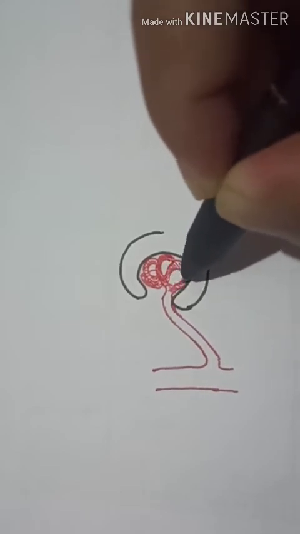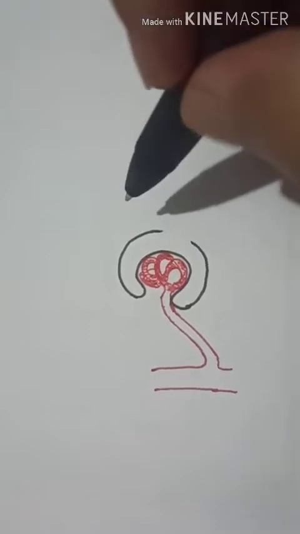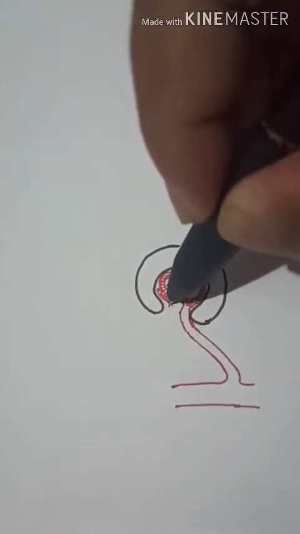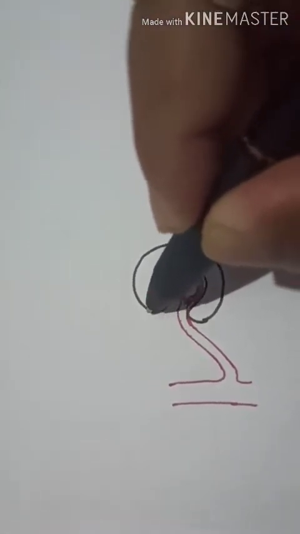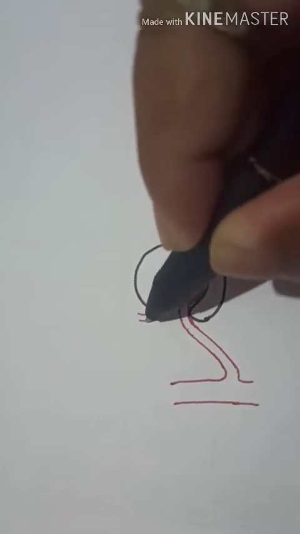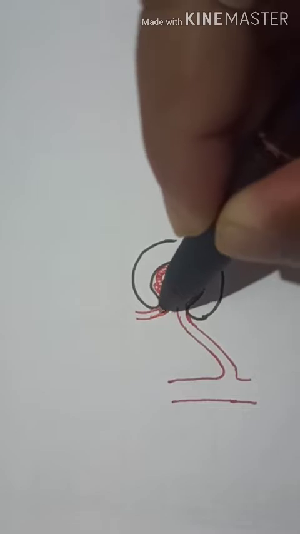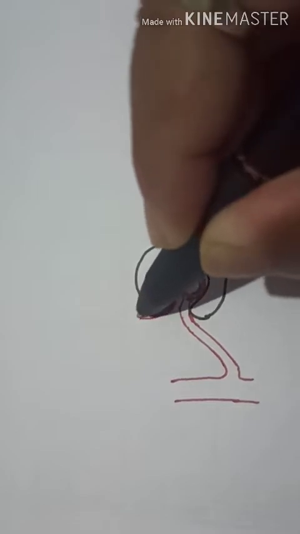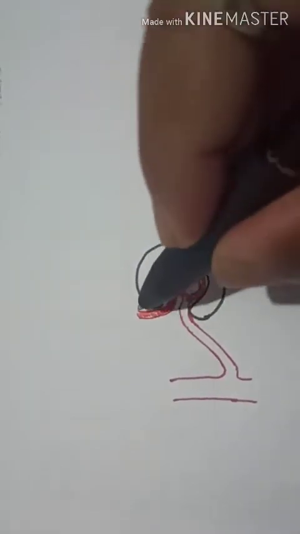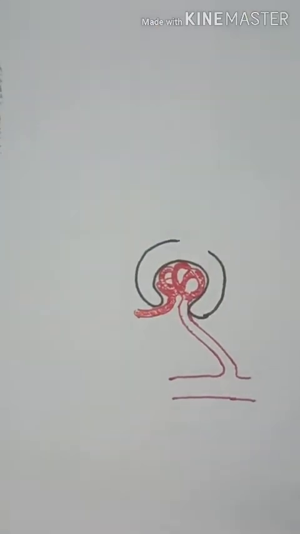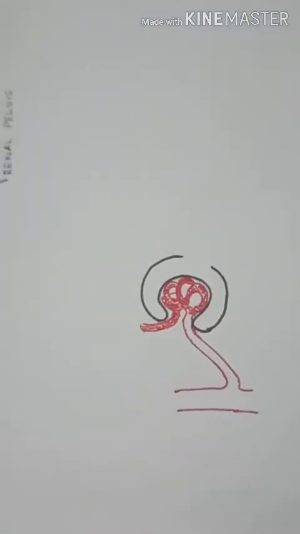This highly coiled structure that you're seeing here will later merge and form another artery, or rather we should say arteriole, which is going to exit this Bowman's capsule.